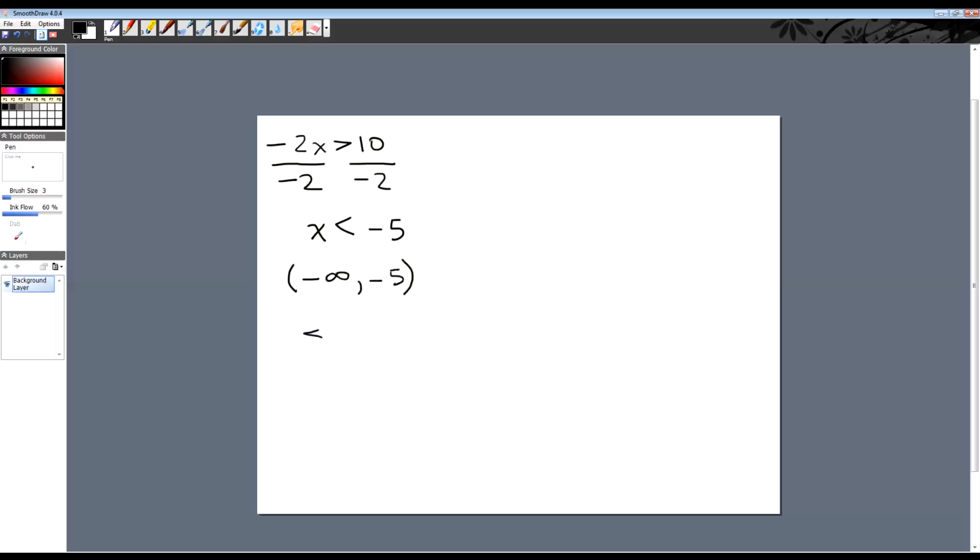So our graph notation for this would be like this: 0, -1, -2, -3, -4, -5. So there's a rounded bracket here, and everything to the left of this rounded bracket, so everything negative from that.